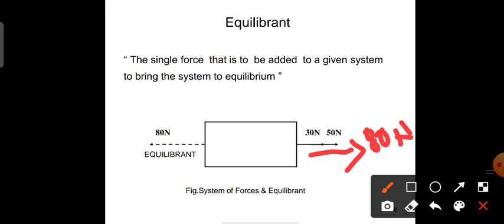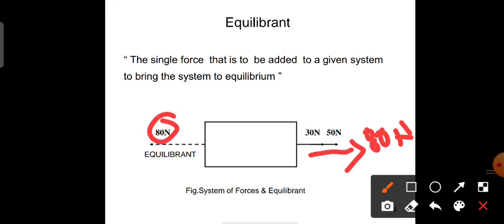If you want to put this body in equilibrium, then you have to apply another force equal to this resultant force, in the opposite direction. That's why here we are applying an 80 Newton force, equal in magnitude, in the opposite direction.